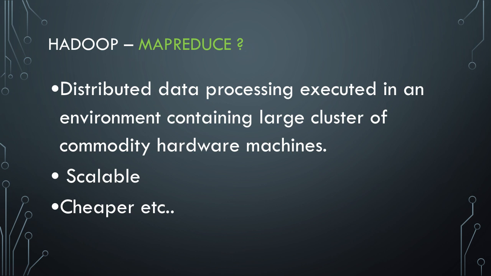When you say commodity hardware, the hardware that we require for running a MapReduce program is not specific to any vendor. You can actually buy any machine, and if you attach it to the Hadoop cluster, you are good to go.